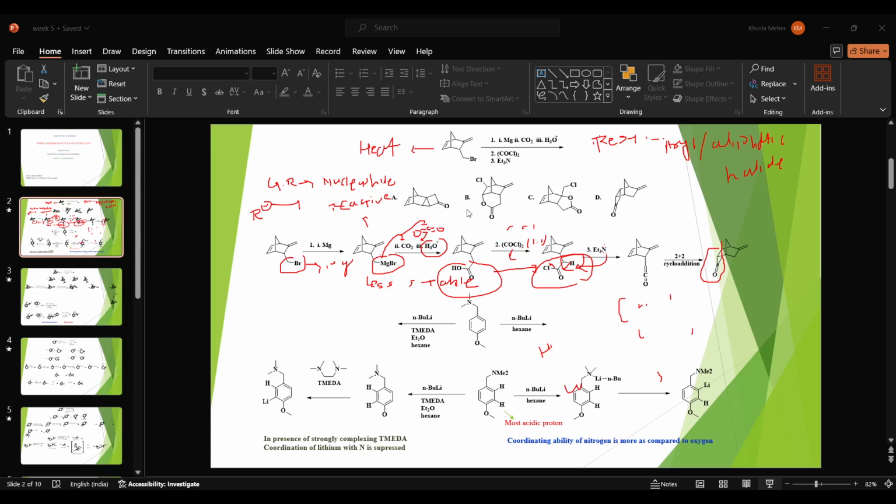Generally, any kind of nucleophile will attack DMF and give the corresponding carbonyl compound. Here, this is our corresponding carbonyl compound, which we generally call a formylation reaction.